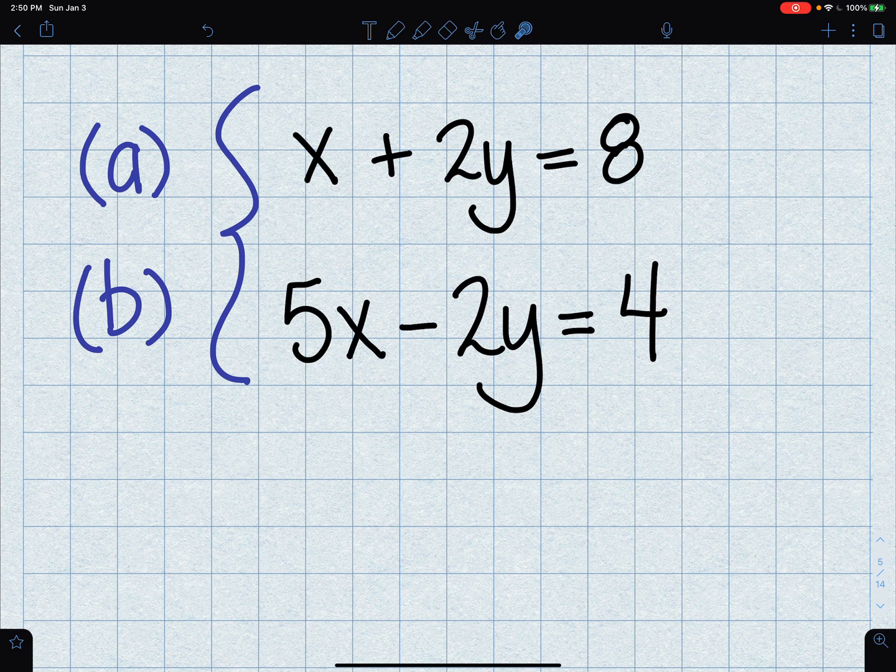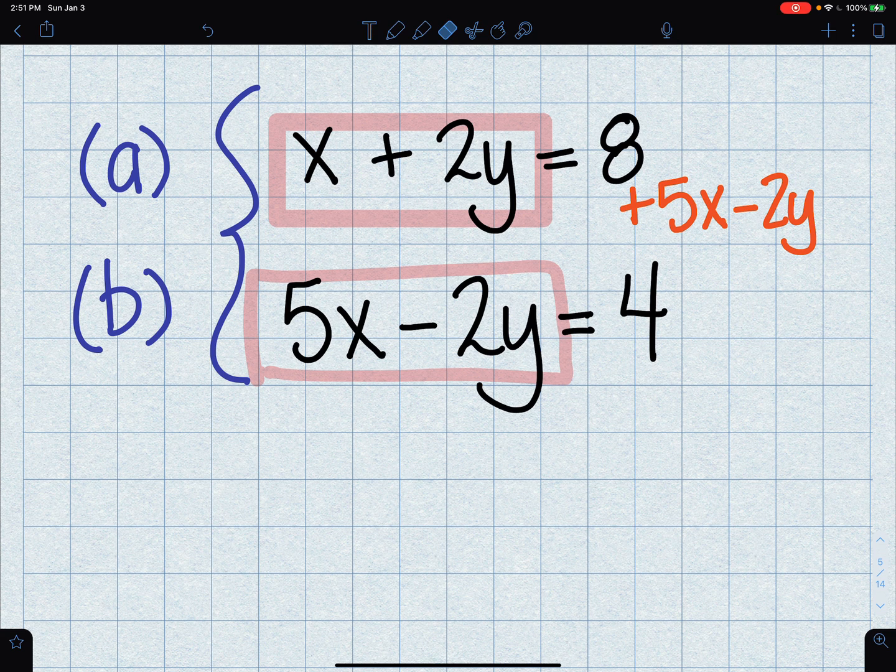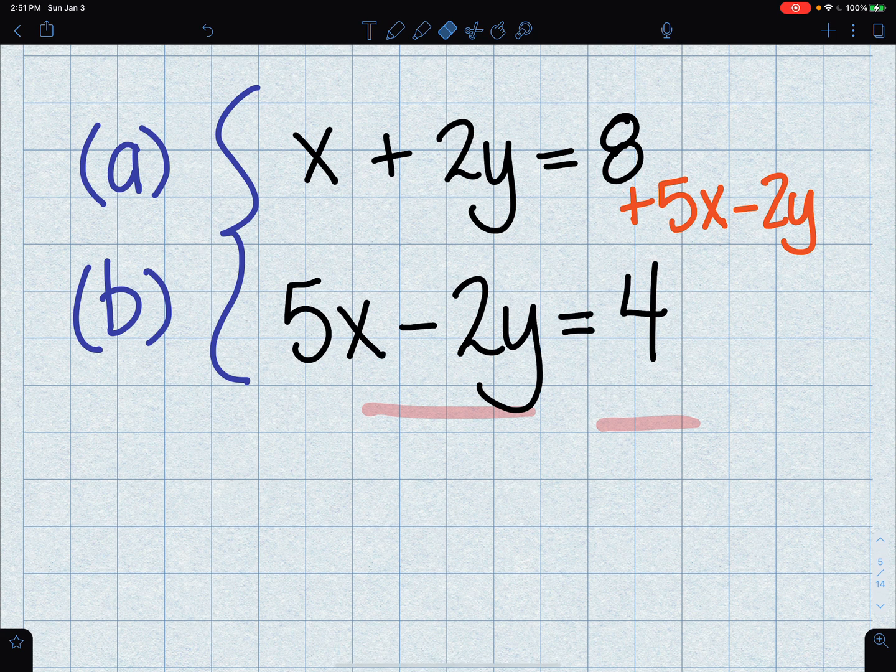When you add 5x minus 2y to this side of the equation, you can either add 5x minus 2y to this side of the equation too, or you can just add 4. Why? Because these are equal. So you're adding the same thing to both sides of the equation. Does that make sense? I'm just adding the 4 instead because those things are equal.